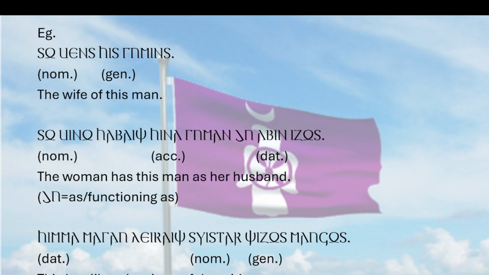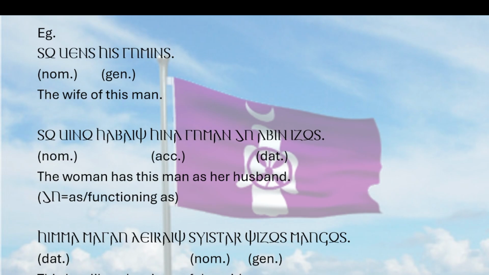Another example: the woman has this man as her husband. So the woman is in the nominative case, this man is in the accusative case, and husband is in the dative case. And here we can learn a new meaning for the word do.